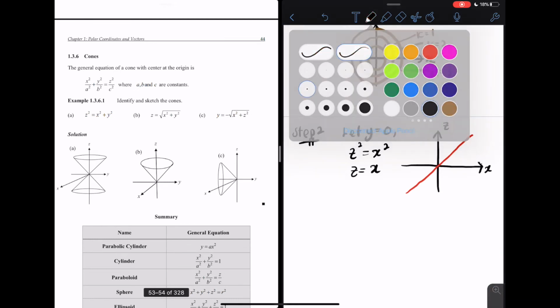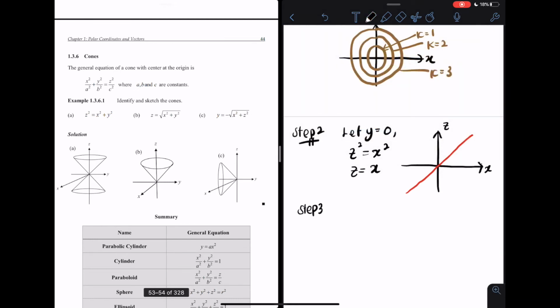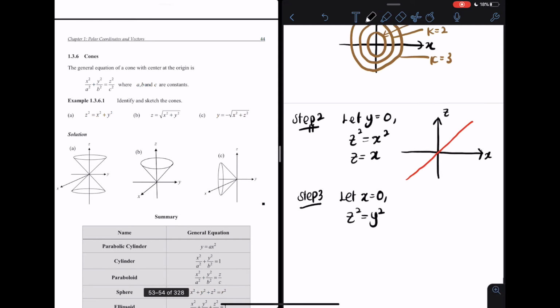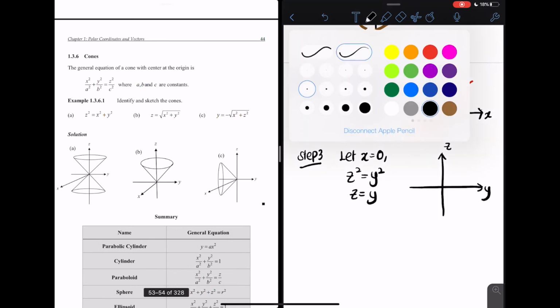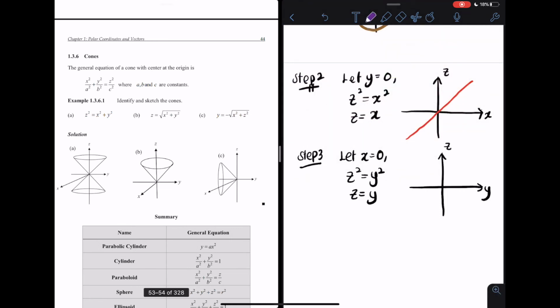So move to step number 3. You have to let x equal to 0. By letting x equal to 0, you get z squared is equal to y squared. When you simplify, you get z is equal to y. So again, I'll sketch two axes, z versus y, and then I'll end up with a straight line.